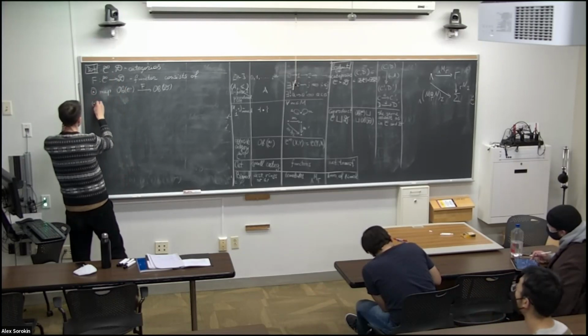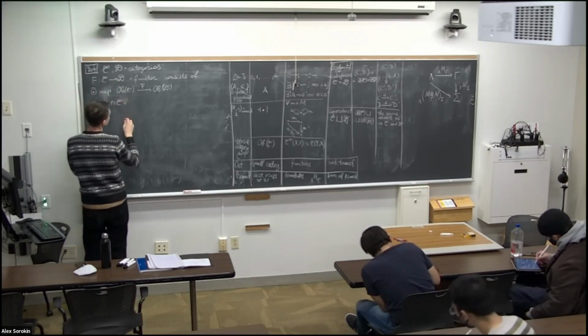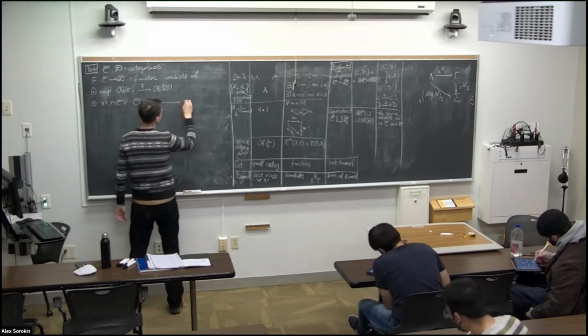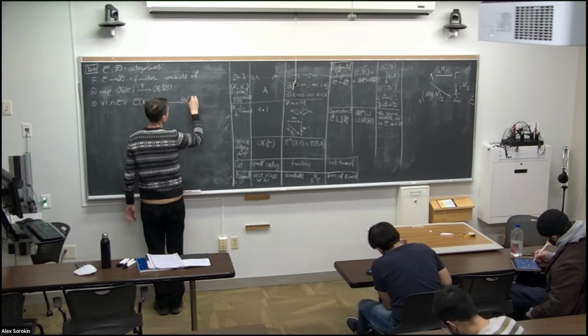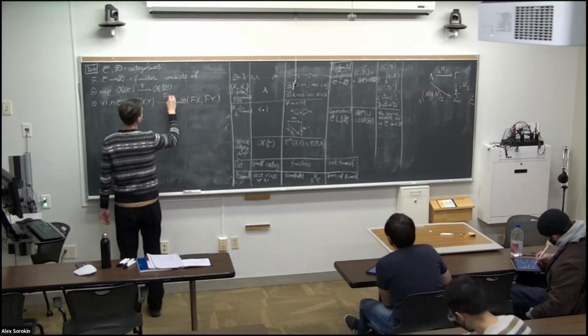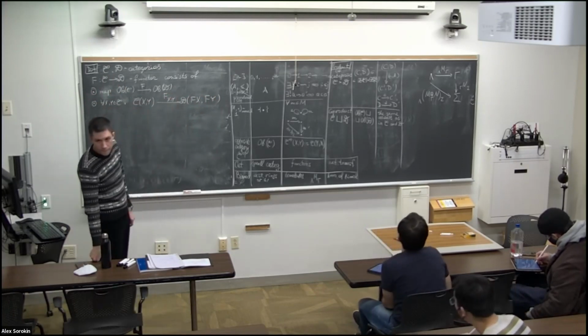Then for any x and y in C, we'll give a map from Hom(x, y) to Hom(Fx, Fy). I call it F sub xy.